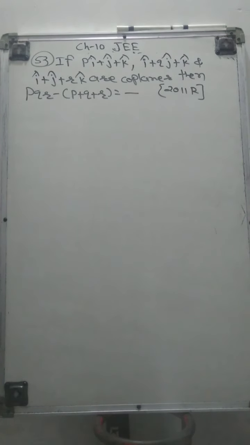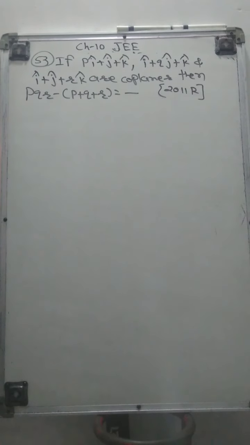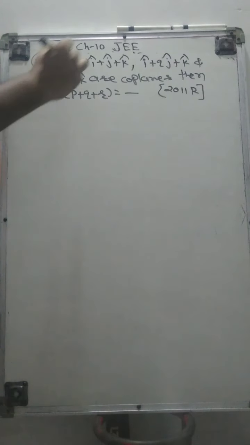53 question. If Pi plus J plus K, I plus Qj plus K and I plus J plus Rk are coplanar, then PQR minus P plus Q plus R equal to dash. This is a 2011 revision test, JEE test.